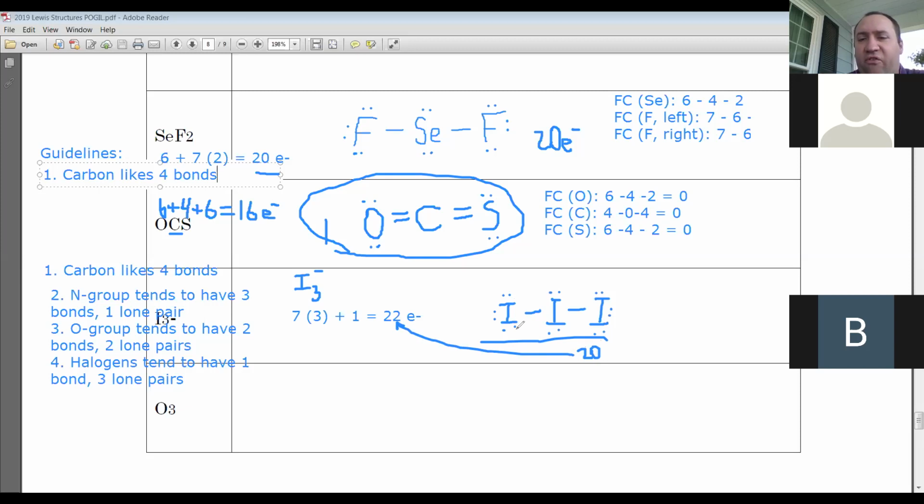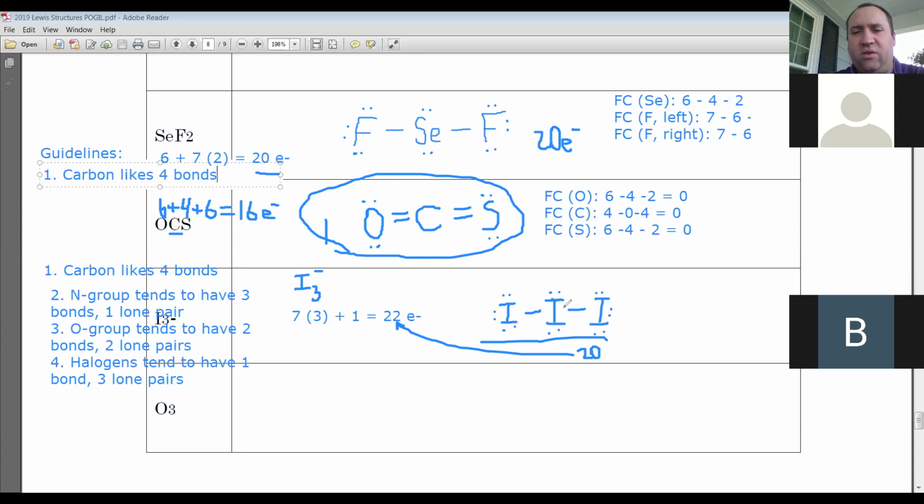If I have filled all the octets and I still have electrons to use, then I have to double check where I can use those extra electrons. The general rule of thumb is that the center atom is going to be the place that can accept those extra electrons.